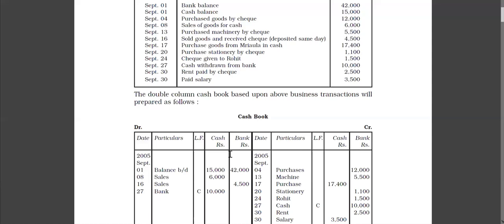Second entry, purchased goods by check. So purchase account debit to bank account. Here bank is credit, so you place it in the credit bank column and write 12,000 by purchase.